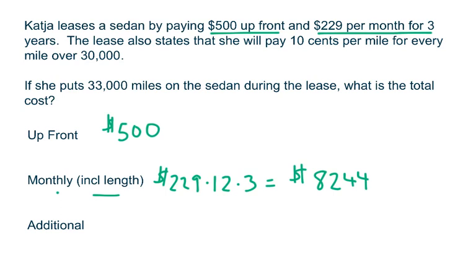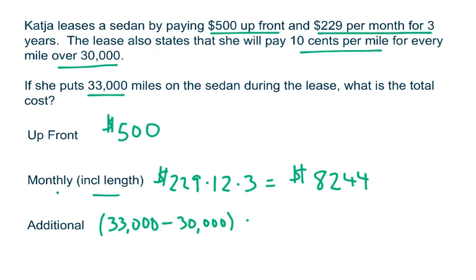And then finally the additional costs. Well, let's see. She was going to pay 10 cents per mile for every mile over 30,000. She drove 33,000 miles. Well, I'm going to go ahead and write this out. She drove 33,000 miles, and I want to know how much is that above 30,000 miles.